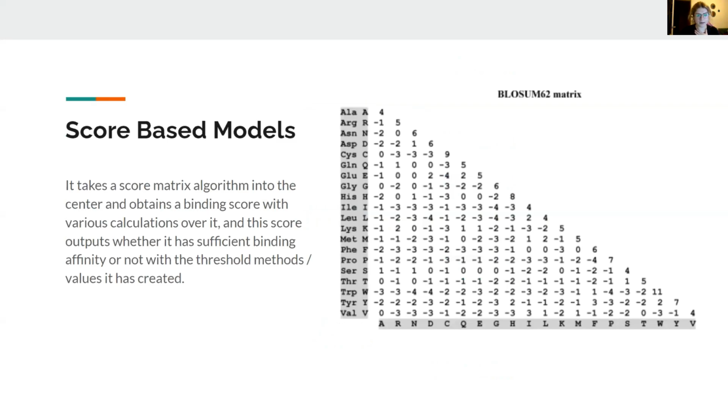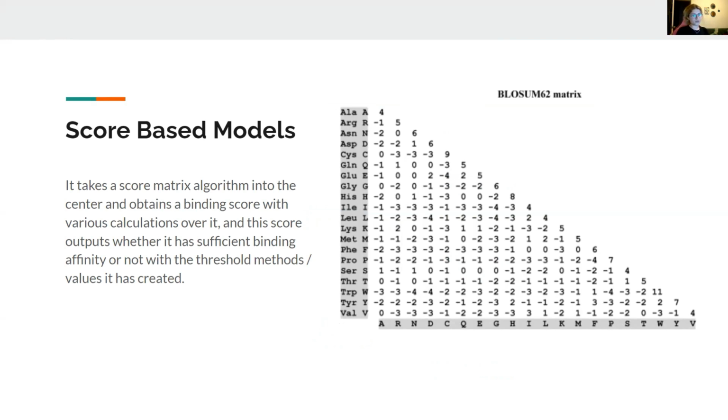When we use score-based models, the biggest difference between them is the method used to calculate binding scores. They gain a score and label peptides as strong, intermediate, or weak, sometimes just strong and weak.